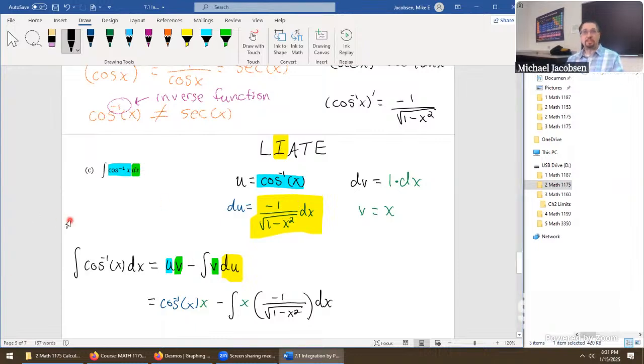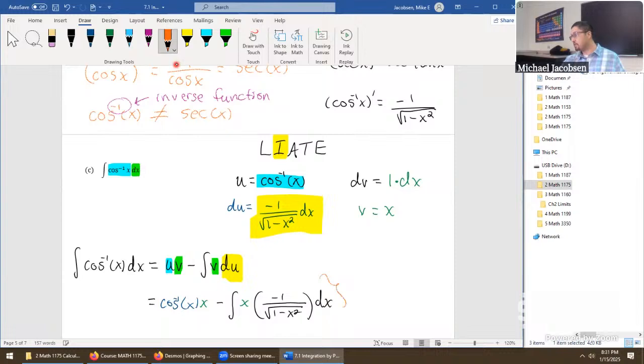So integration by parts is successful if and only if this integral here by the red dot is easier to solve. It doesn't look like it by just all the stuff you have to write, but it actually is. That's the tough one because cosine inverse is a complicated function to work with. But that one there by the red dot, we can attack it just by ordinary u substitution.